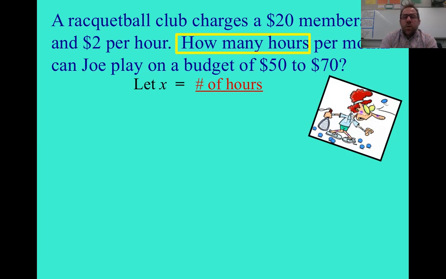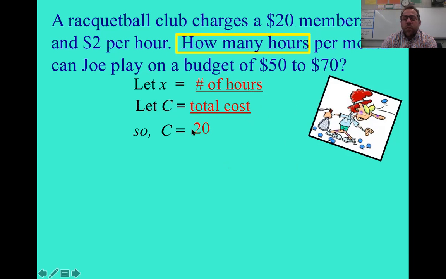We don't know. Okay. And then we're going to write an equation here, and we want to let the variable C equal the total cost to play racquetball. So this is the number of hours, and this is the total cost. So C is going to be the $20 membership, right?